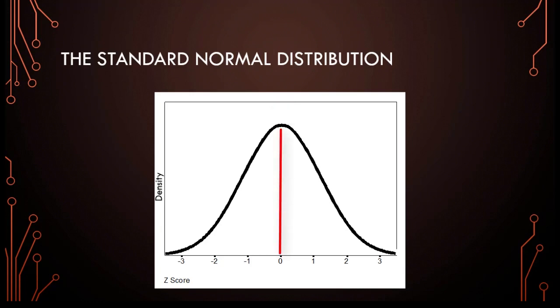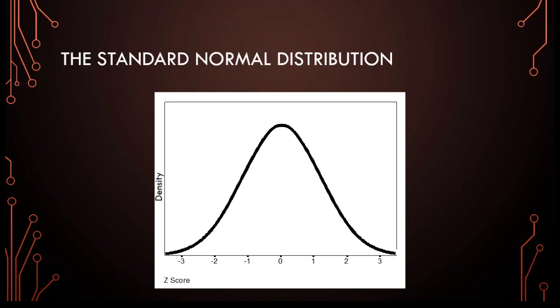A score of 0 is the mean of the standard normal distribution, and normal distributions have their highest density at the mean. That is, we expect more scores around the mean of the distribution than anywhere else along the score range. There is something interesting about z-scores, and this is what sets apart the standard normal distribution as a special distribution.